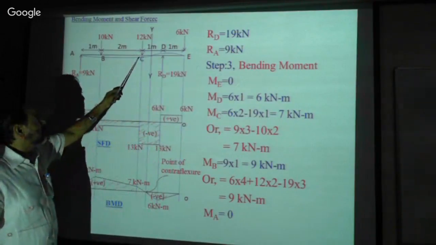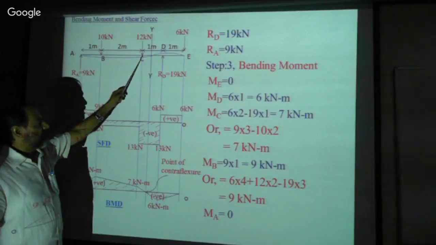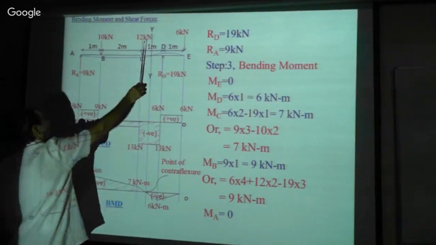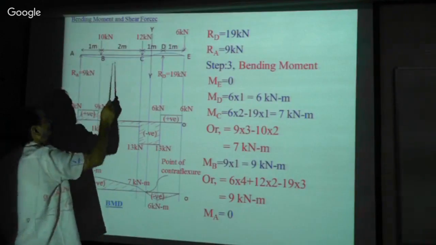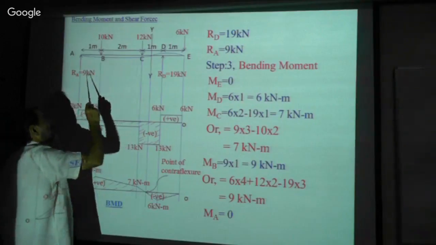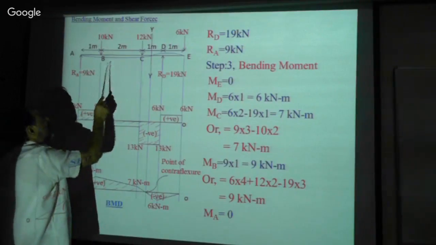7 kilonewton meter is the bending moment at this point. If you consider the left hand side, this creates the clockwise and this creates the anti-clockwise. Therefore, 9 multiplied by 3 meter.